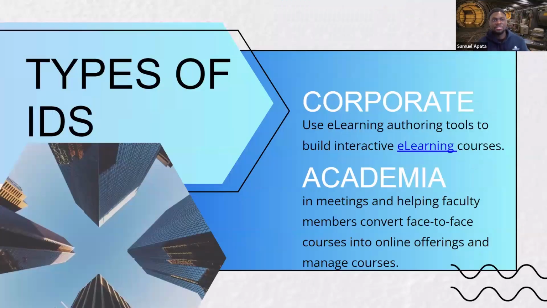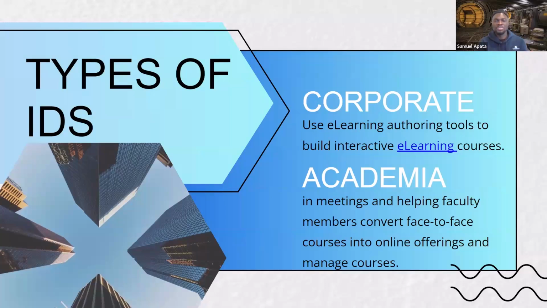So what other types of instructional design do we have? We have corporate and academia. Corporate really is using authoring tools to build interactive e-learning. Academia, instructional designers may be the ones managing courses inside of an LMS. And an LMS is a learning management system.